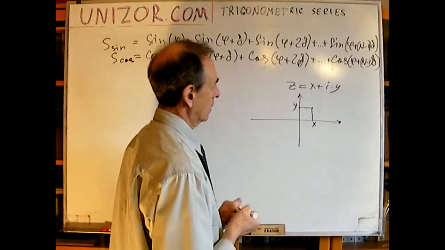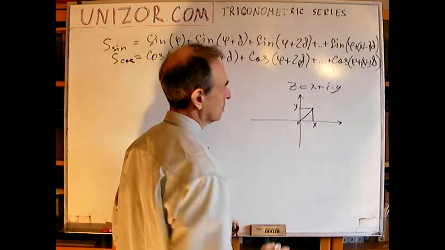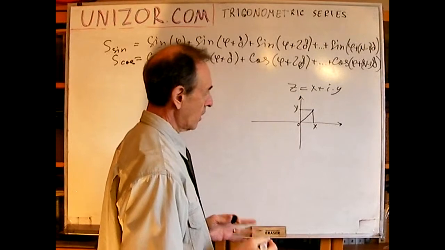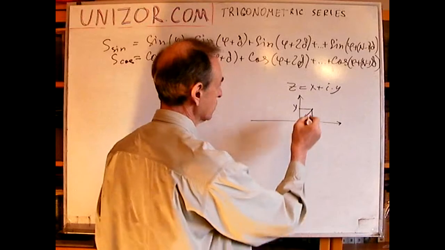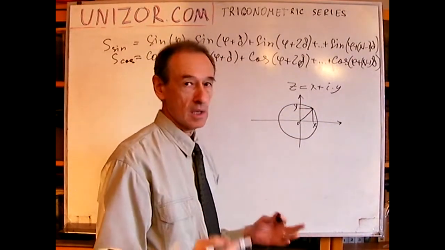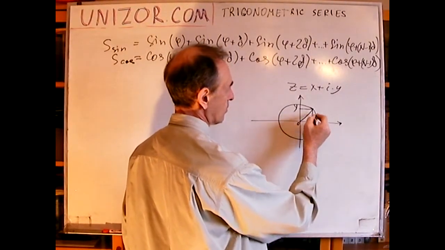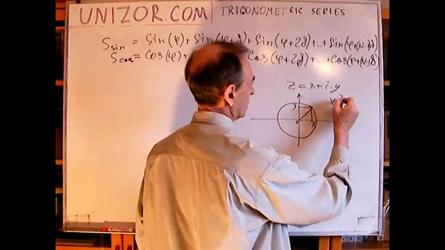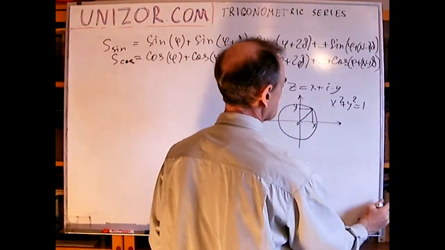Now, you remember that this distance from the origin is called the modulus, right? Now, let's consider only complex numbers on the unit circle, those complex numbers with modulus equal to 1. Modulus is obviously x squared plus y squared in this case. So x squared plus y squared equals 1.